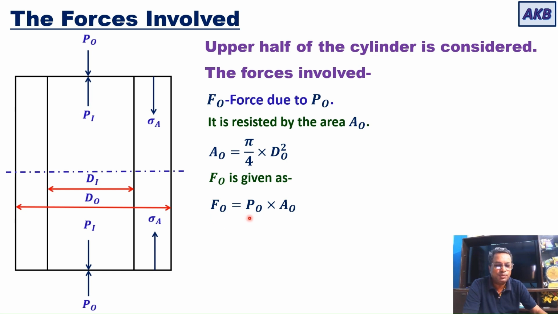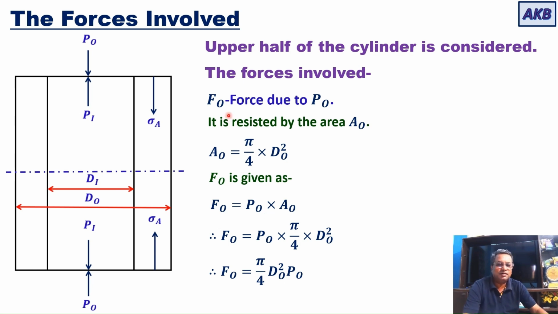Fo is equal to Po into Ao. Again, the same explanation applies over here, because Po will be Fo acting per unit Ao. Okay, so if you use the equation for Ao, Fo will be Po into pi by 4 into do square. That is, Fo is equal to pi by 4 do square into Po.